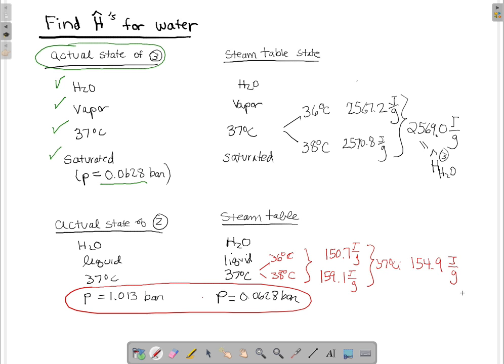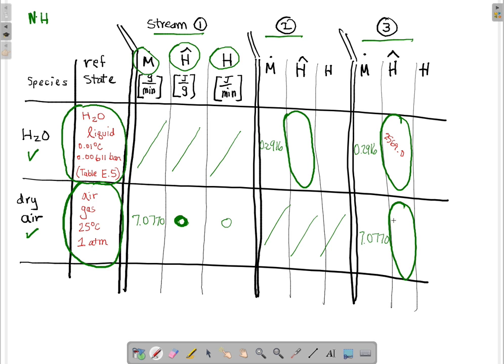Now the one subtle caveat here is this is for the pressure at 0.0628 bar, and we need it at 1.013 bar. However, as I've said many times in class, delta H when you have a pressure change is very small. So we can go ahead and use this as our specific enthalpy for stream 2. So let's go ahead and update that chart. So we have 154.9.